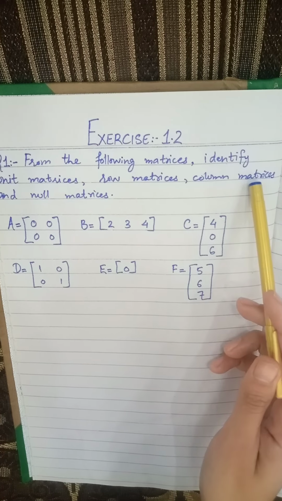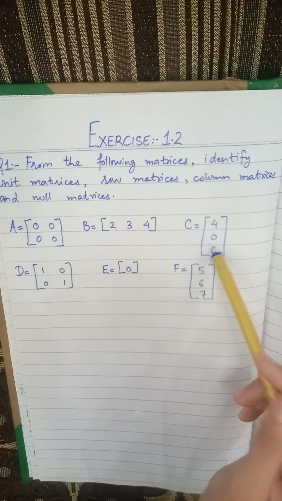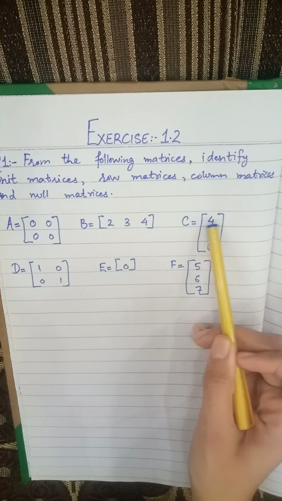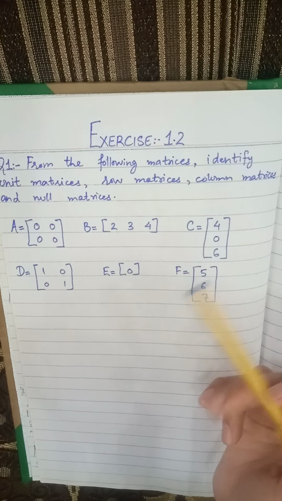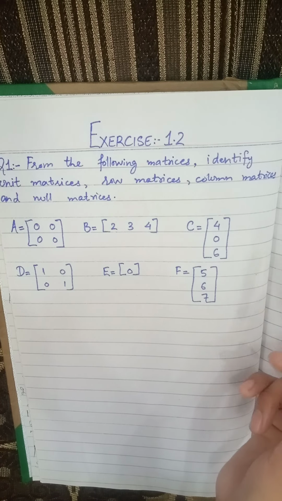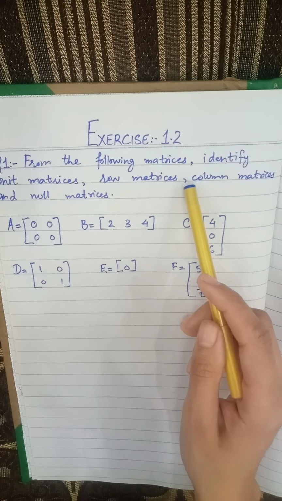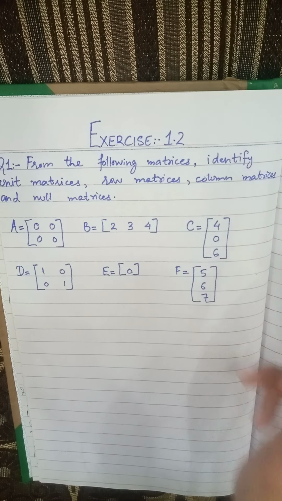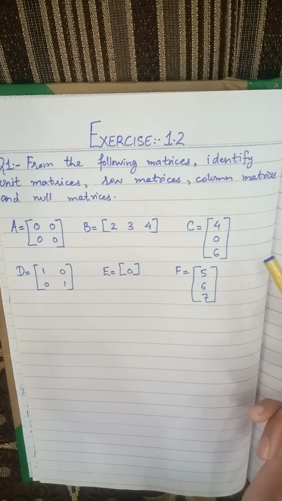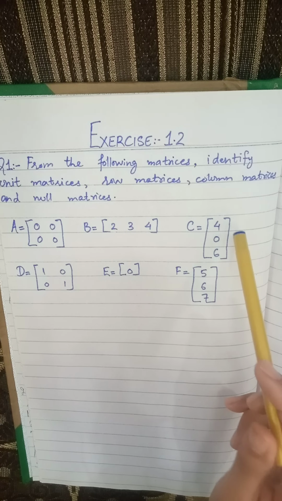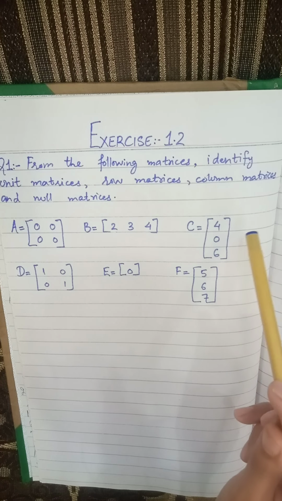Then it comes to the column matrix, having one column, but the rows can be more than 2 or it can be 2. When we are questioned about the column matrices, we have nothing to do with the number of rows. We will just focus on how many columns it has.